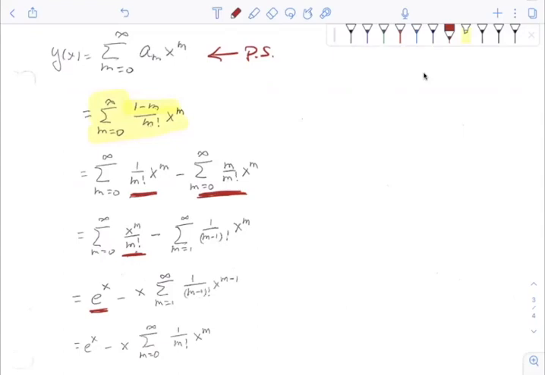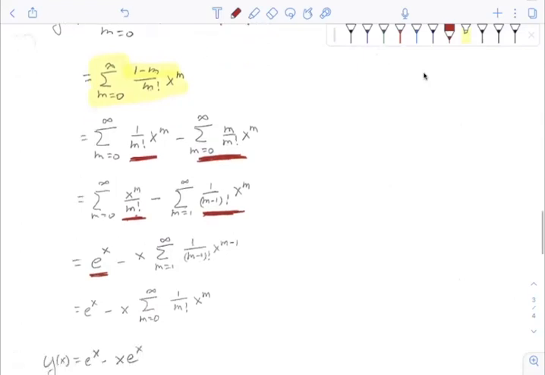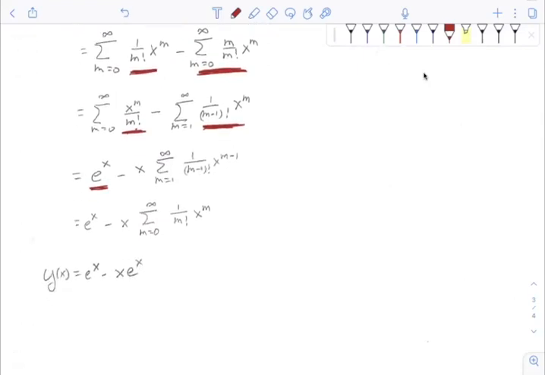And this 1 over (m minus 1) factorial that you see here, well, I can actually just adjust indices on this a little bit. I've got an x to the m minus 1. So now I need to shift m up by 1.